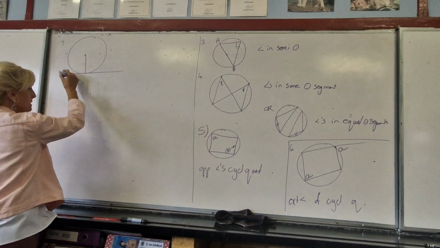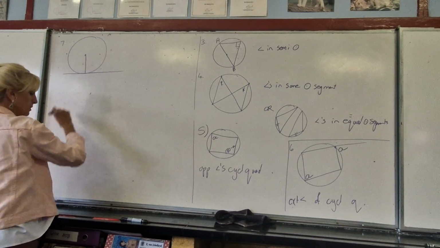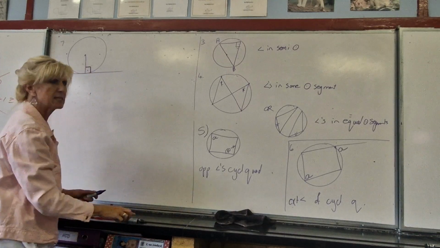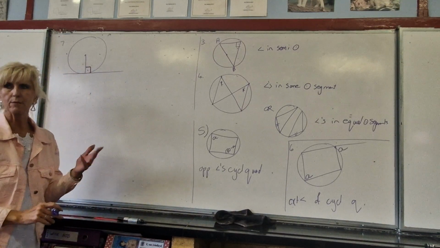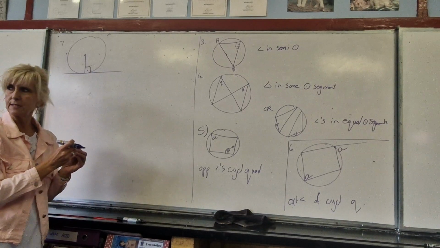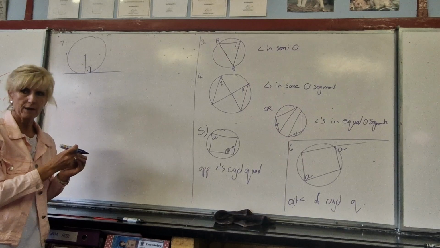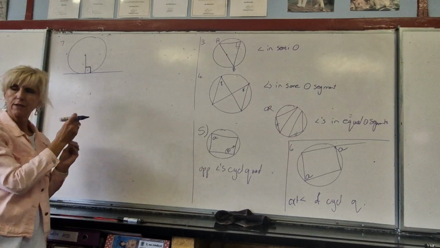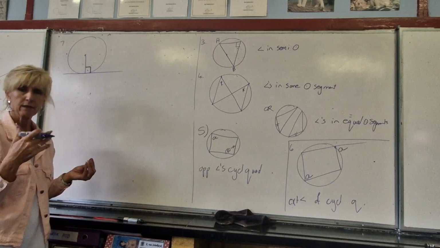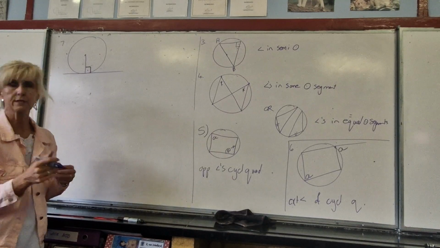And if it's a radius and a tangent in the point of touch, that must be 90 degrees. The moment that you've got 90 degrees somewhere, like in the semicircle even, there's a possibility for Pythagoras. Even in theorem number 1, line from the center perpendicular, could be a possibility for Pythagoras.